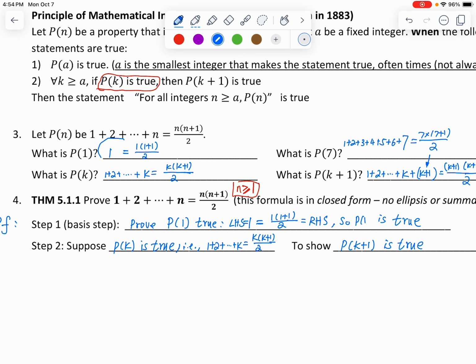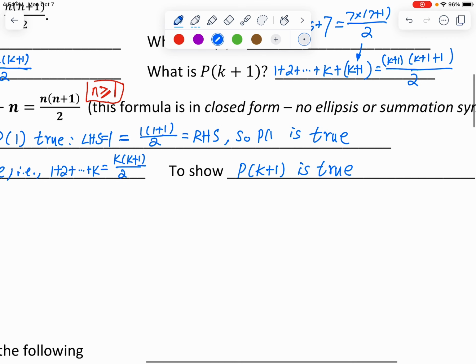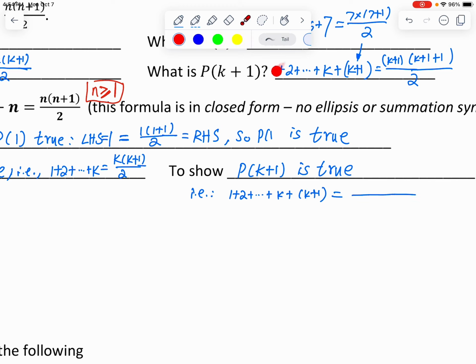In other words, let's make sure that you know what this is. So what is P of k plus 1? That is this: 1 plus 2 plus up to k plus 1 is equal to, and earlier we did this exercise, right? So it's equal to k plus 1 times k plus 1 plus 1 over 2.